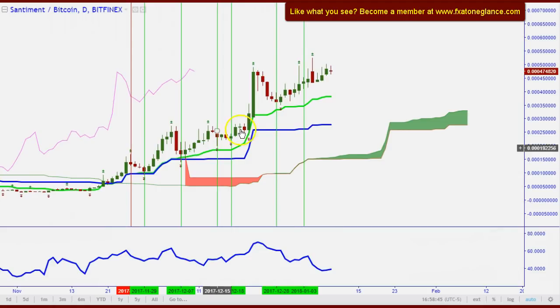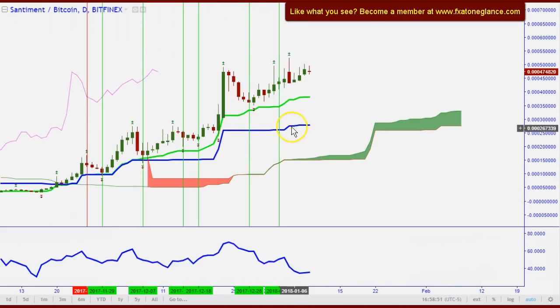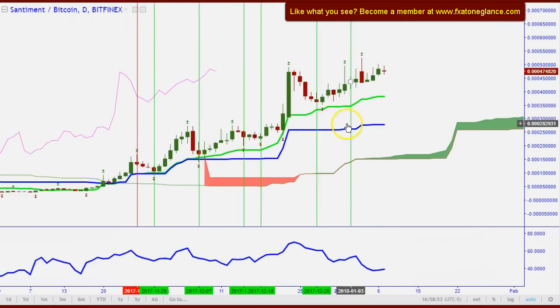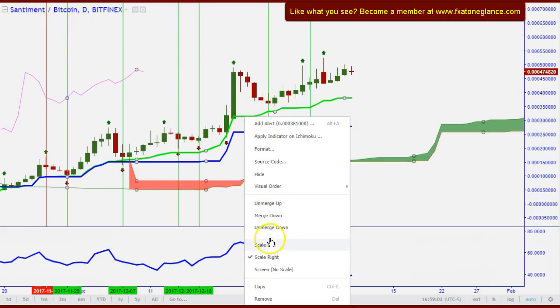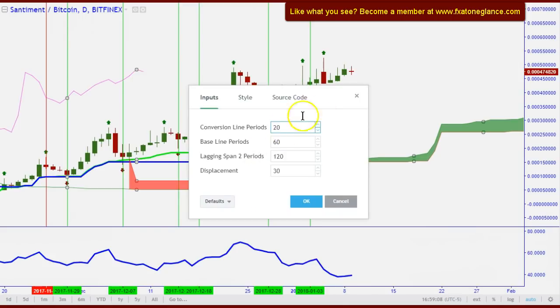So this isn't going to help me account for this volatility here at all. Not at all. That's not what I wanted to do. I want to just basically trade the bounces off of these levels. So in order for me to catch those, I have to go back to this setting, back to the normal.